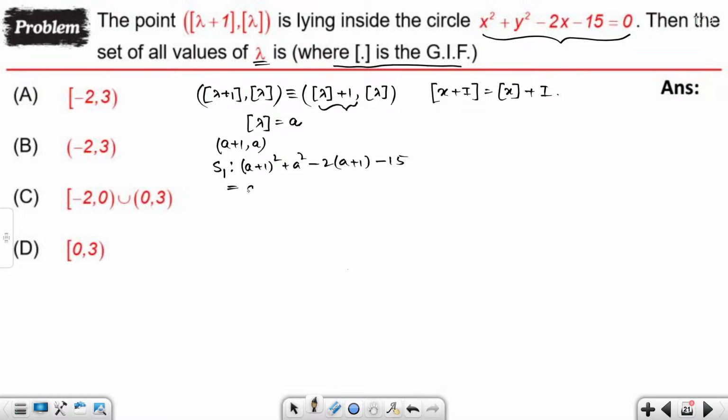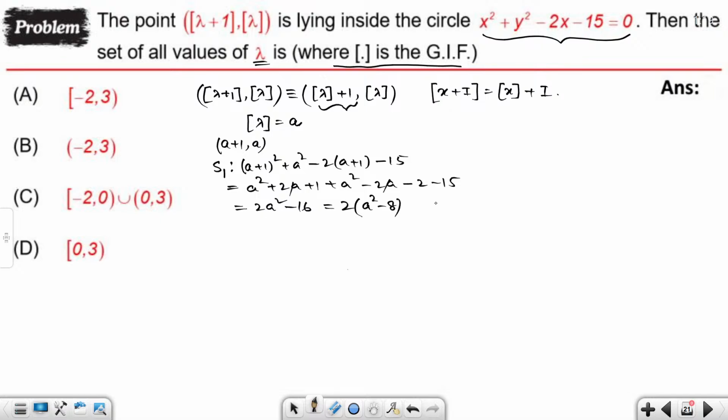So that gives us 2a square and 2a square minus 16, right? So 2a square minus 16, this I can write as a square minus 8.